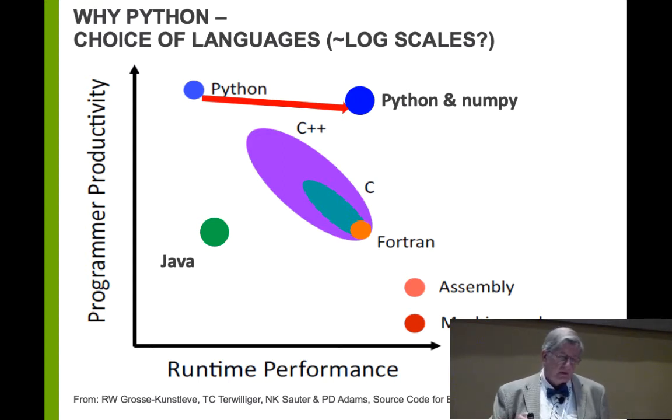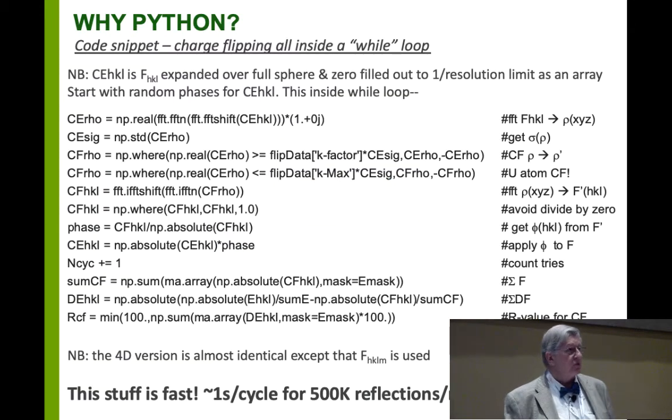Right. Now, here's a little snippet of code. This is the charge flipping algorithm inside GSAS-II, and these are the actual lines of code from there to there. So it's only 13 lines of code to do charge flipping.